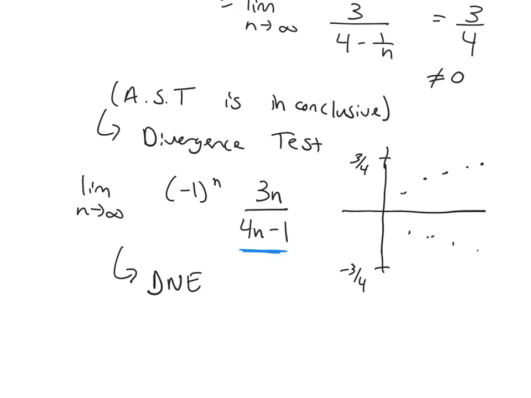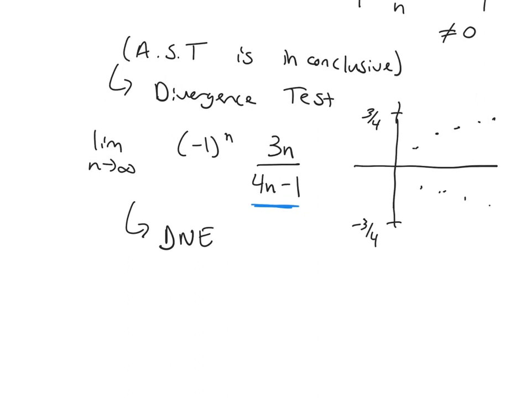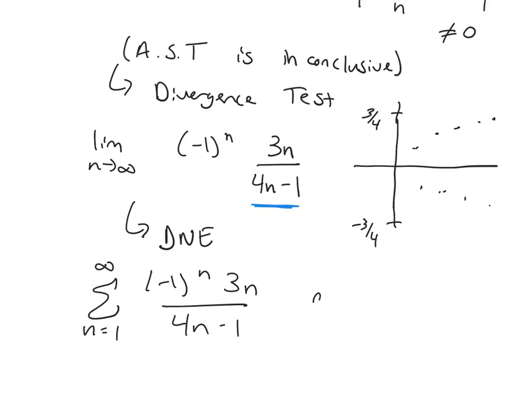Okay, so this series, negative 1 to the n, 3n over 4n minus 1, diverges by divergence test.